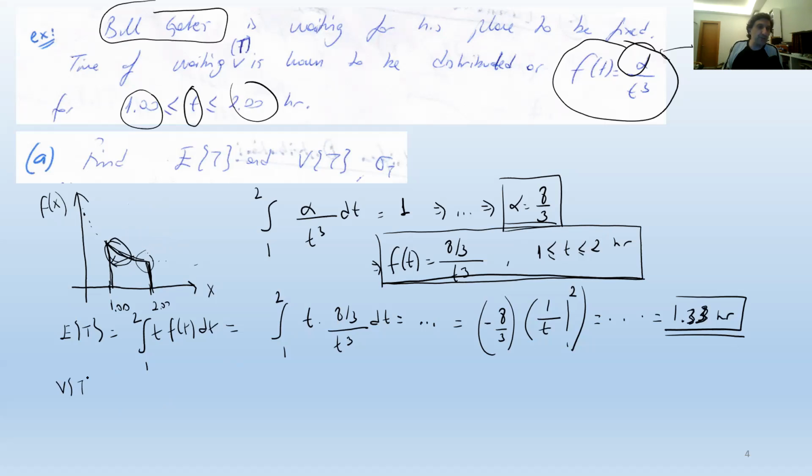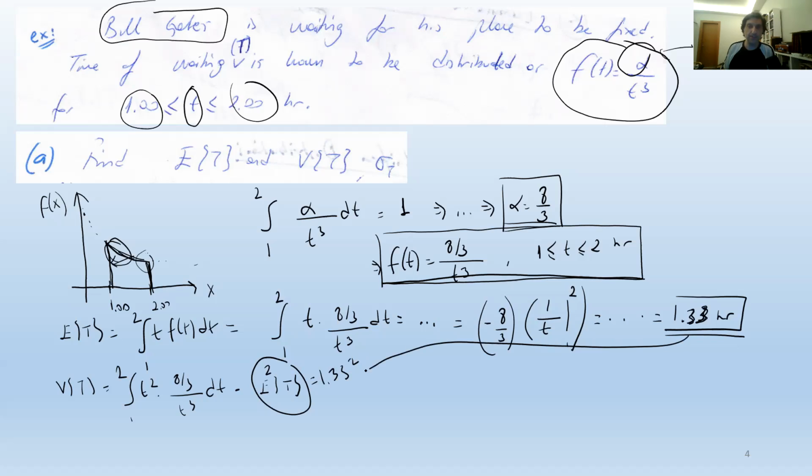And the variance of t is going to be equal to this representation here, which is much easier to handle: the integral of t squared times 8 over 3 t cubed dt minus the expected t squared. Instead of the latter you can write 1.33 squared, which is this result.